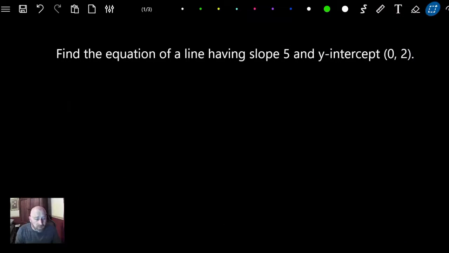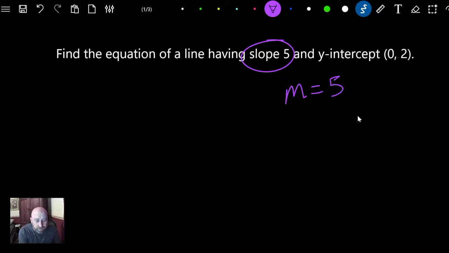So let's look down here. It says, find the equation of the line having a slope of 5 and a y-intercept of (0, 2). So the slope is 5, so m equals 5, and our y-intercept, our b, equals 2.